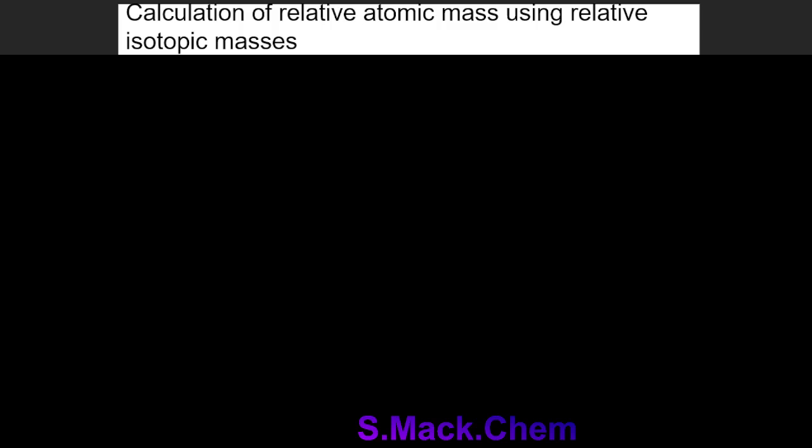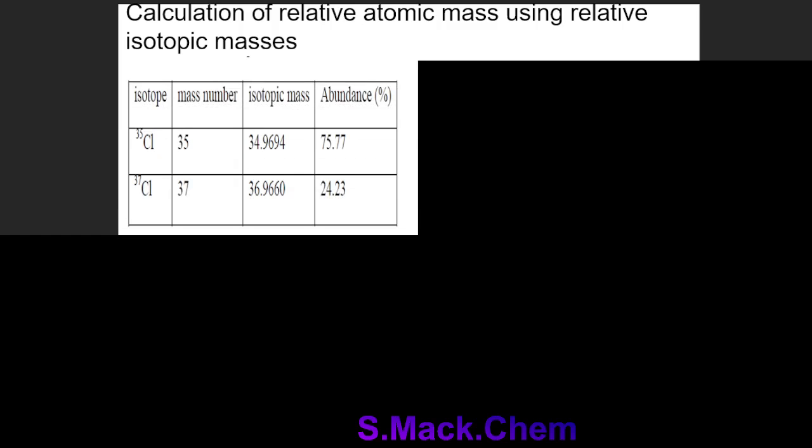in, of course, nature. Now, let's say you're given this information. So we have two isotopes, and the isotopes are referred to by their mass numbers. However, remember that the mass number refers to the number of protons and neutrons in the atom, and it is approximated to a whole number.